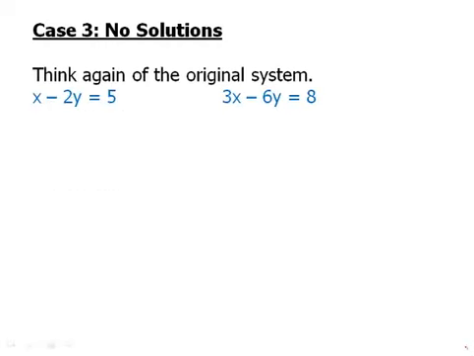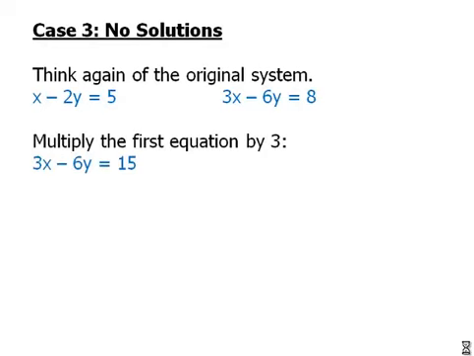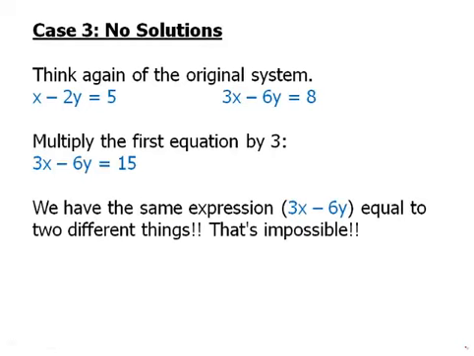Think of the original system again. Multiply the first equation by 3, and what we get is 3x minus 6y equals 15. And notice we have the same expression on the left in both equations equal to different things. That's impossible. There's no way that 3x minus 6y can equal both 8 and 15 at the same time. And that's why we were led to the paradox 8 equals 15.